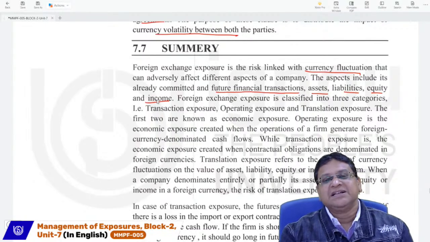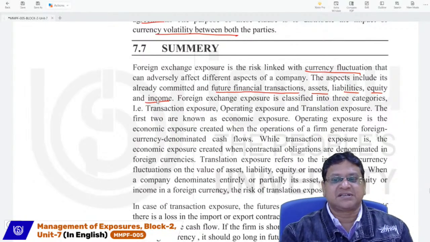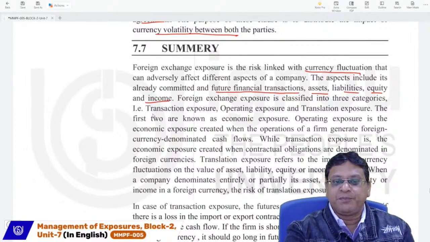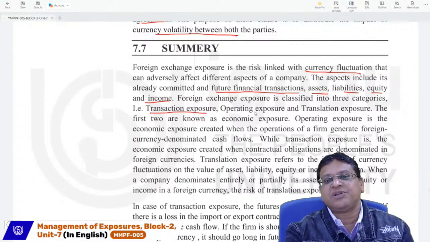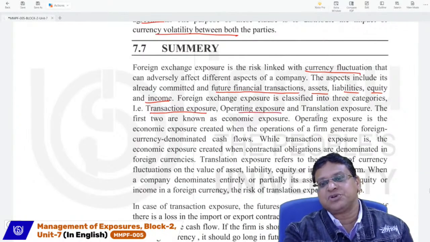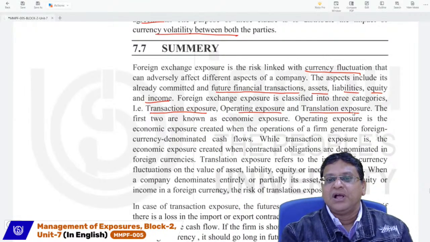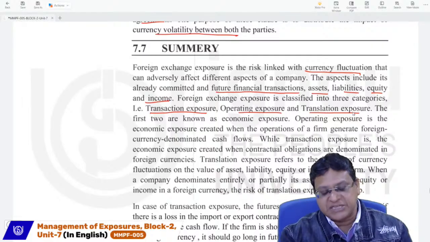And this change leads to forex risk or forex exposure. The forex exposure may be of three types: transaction exposure, operating exposure, translation exposure. Transaction exposure and operating exposure combinedly known as economic exposure.